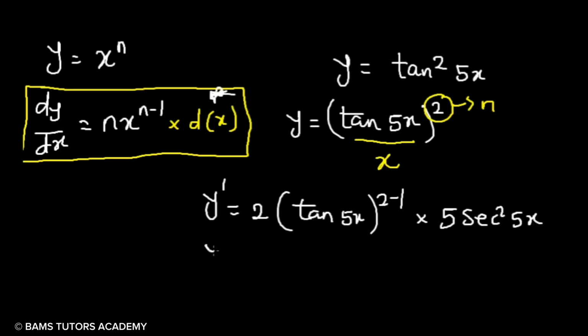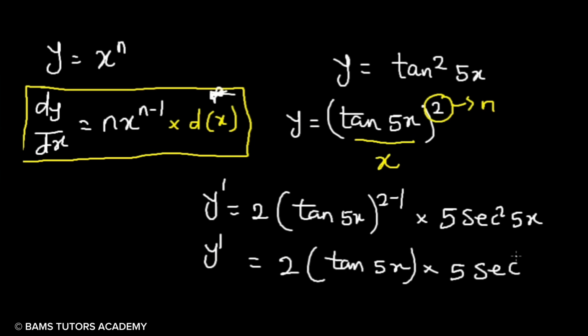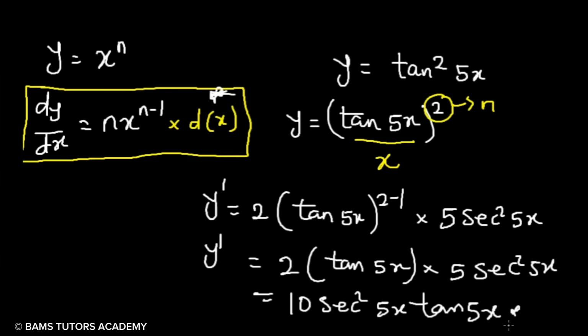So bringing everything together, I would have 2 times tan 5x raised to power 1, so I can still leave it that way, then times 5 sec square 5x, right? Then in general, I would have 10 sec square 5x tan 5x.